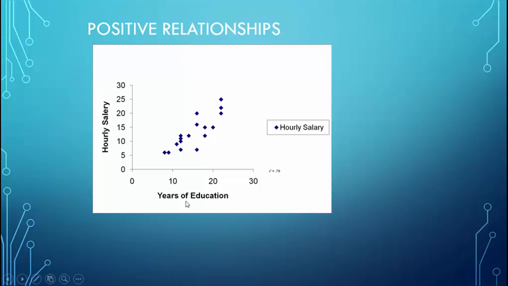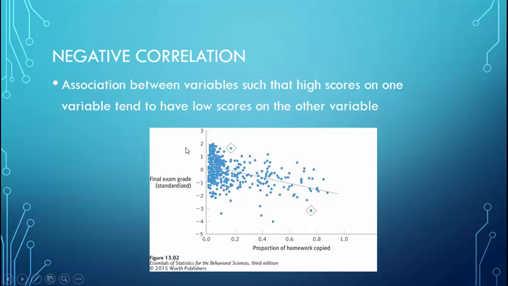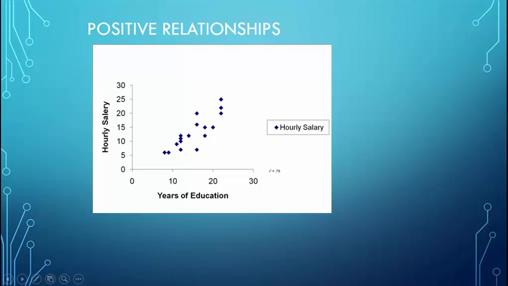Another example here, years of education and salary. Again, here's a scatter plot where each of these points represents a single case. We've got people who tended to have low years of education, 9, 10, 12 years of education, tended to make lower hourly salaries, right?